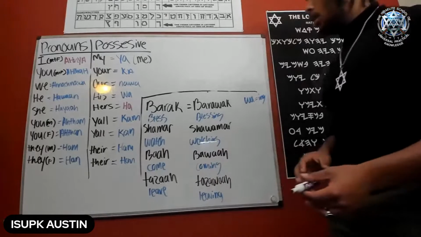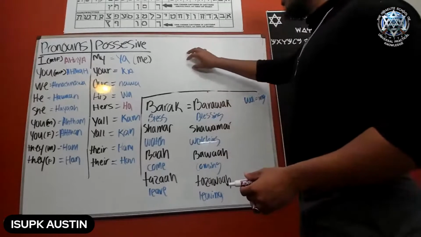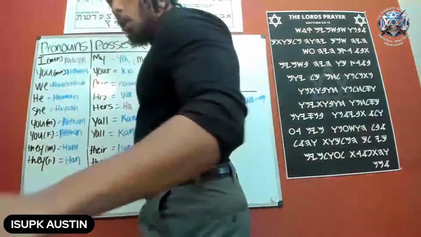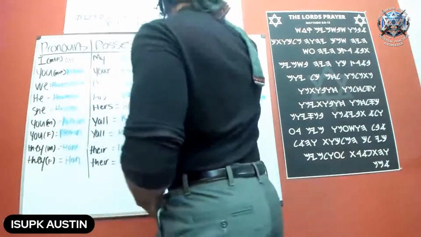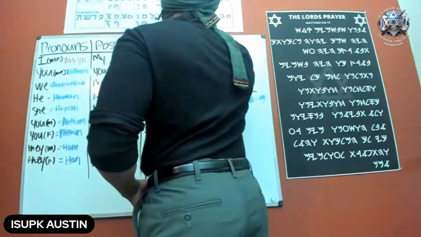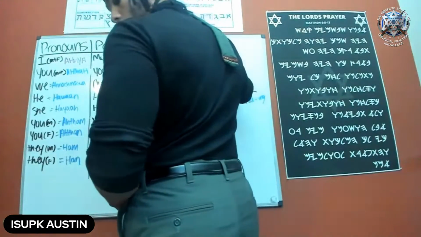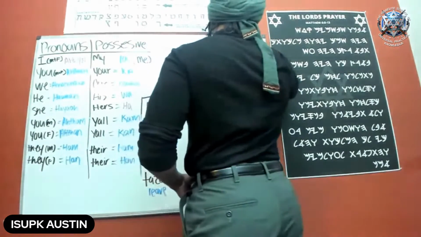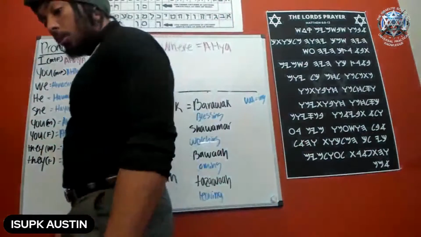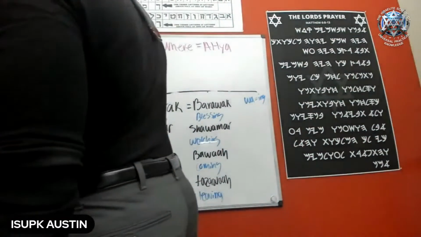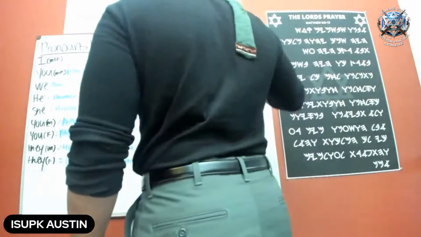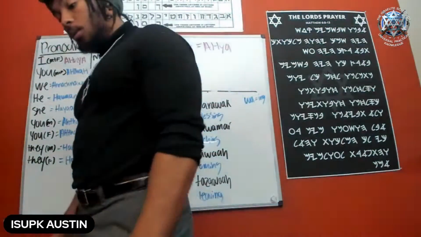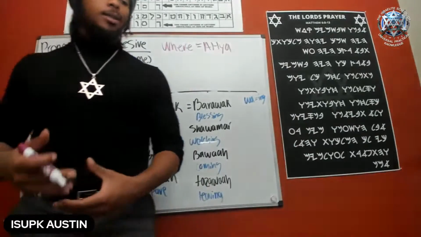So for example, if I had the who, what, when, and where here, the 4 W's, and we just wanted to say where. What is where? Where in Hebrew is ayah. Ayah. So ayah is where.